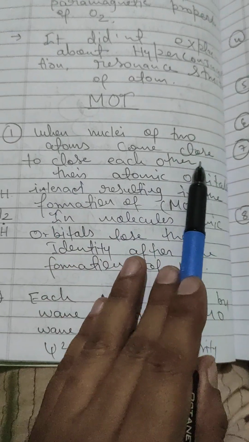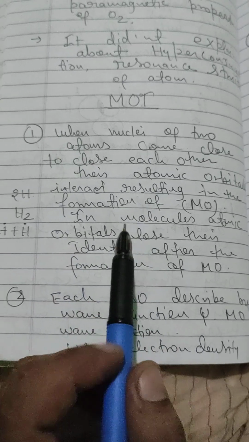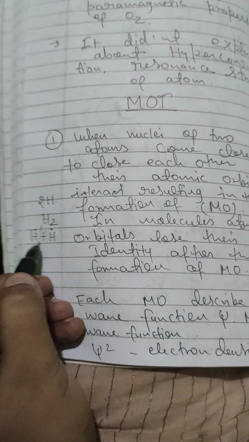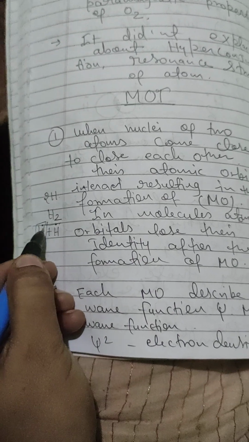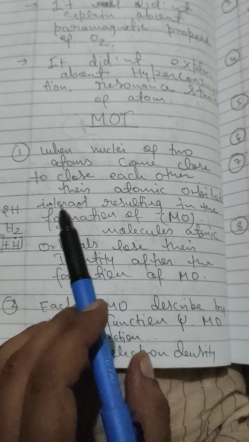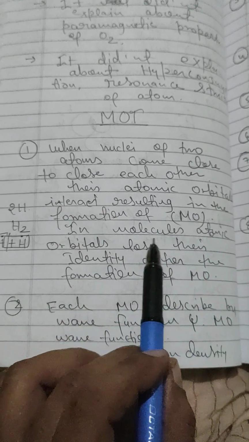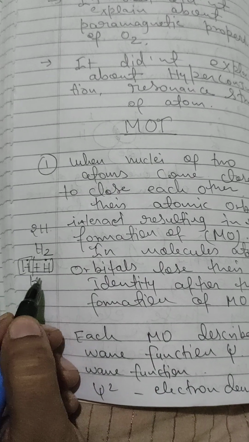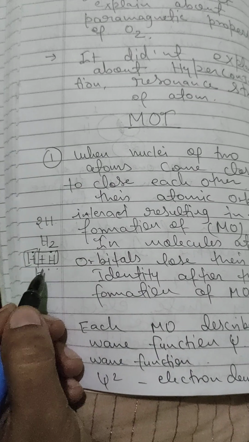When nuclei of two atoms come close to each other, both hydrogens will come close to each other, and their atomic orbitals interact, resulting in the formation of a molecular orbital. Now it changes into a molecular orbital.